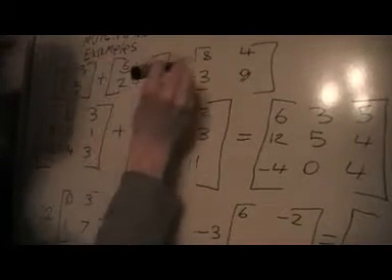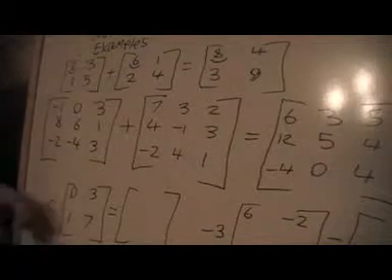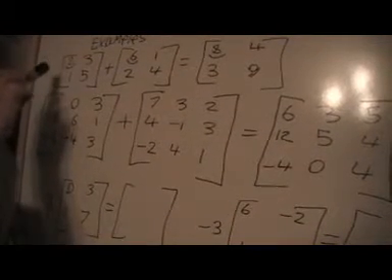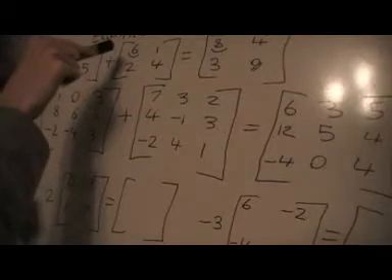So, to add two matrices, we'll add the numbers in the same position, and then the answer goes in the same position. Okay, so that's the 1, 1 position, and that's the 1, 1 position.